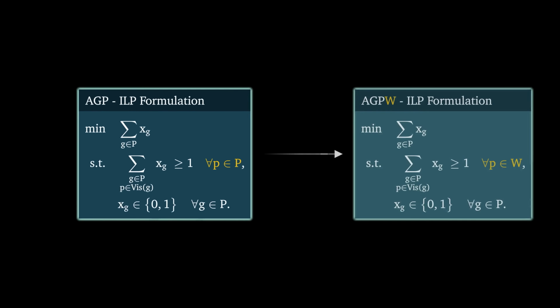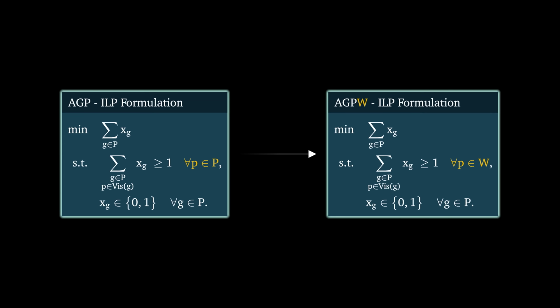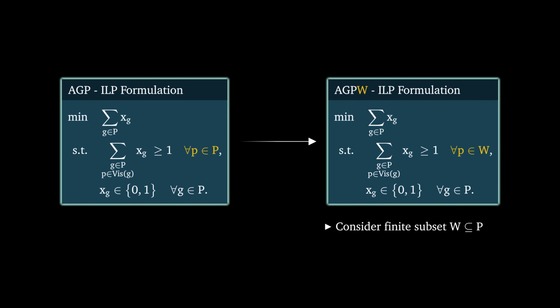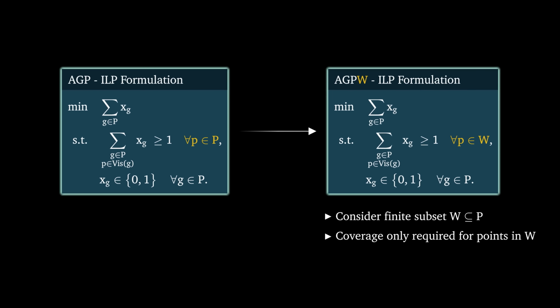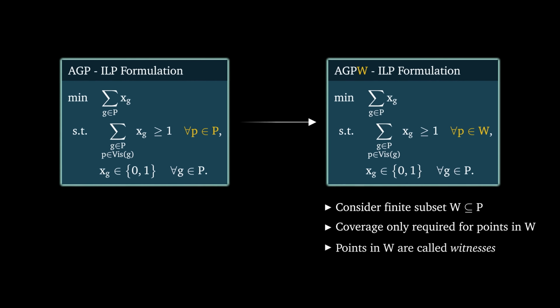To tackle these infinitely many inequalities, we introduce a finite subset W of the polygon P and replace the coverage constraints for all points in the polygon with coverage constraints for all the points in W. The points in W are so-called witnesses, or witness points. This optimization problem, which focuses only on the surveillance of the witness points from W, gets the name AGPW in this video.